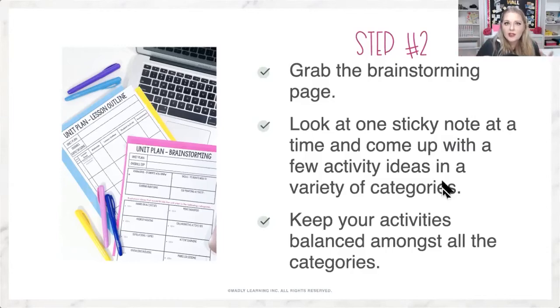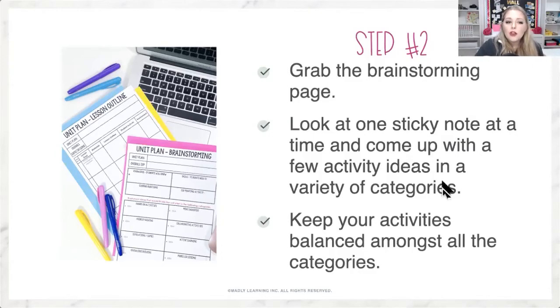You're just going to get super creative and think, if I had unlimited funds, unlimited resources, and don't necessarily think about your kids, if I could plan the most fun and engaging activity, what would I put down? There are no wrong answers here. Just brainstorm different activities that you could do with your students. And you're going to do that for each of those 8 sticky notes that you came up with.